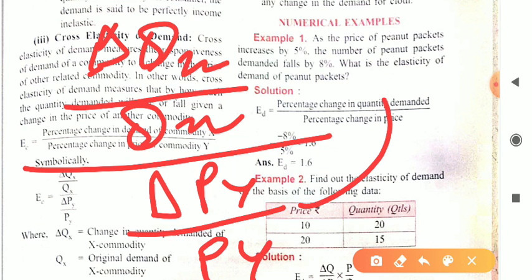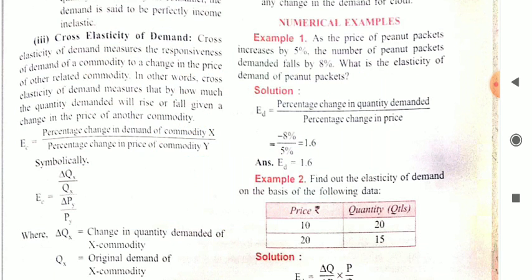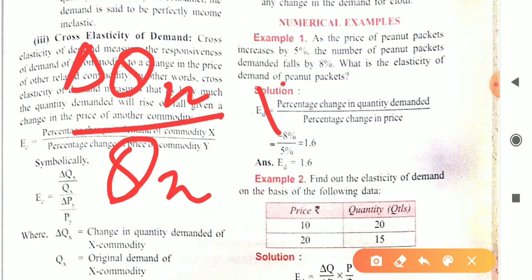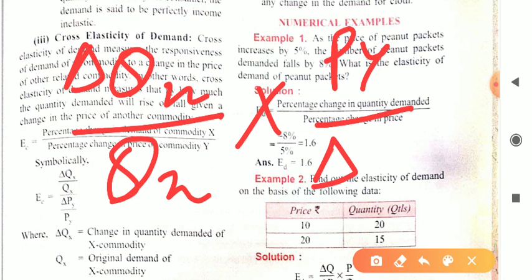When you take the reciprocal of this term, then you will find delta Qx upon Qx into Py, price of Y commodity, divided by delta Py. Okay student, when you take the reciprocal of our earlier term, then you will find this.